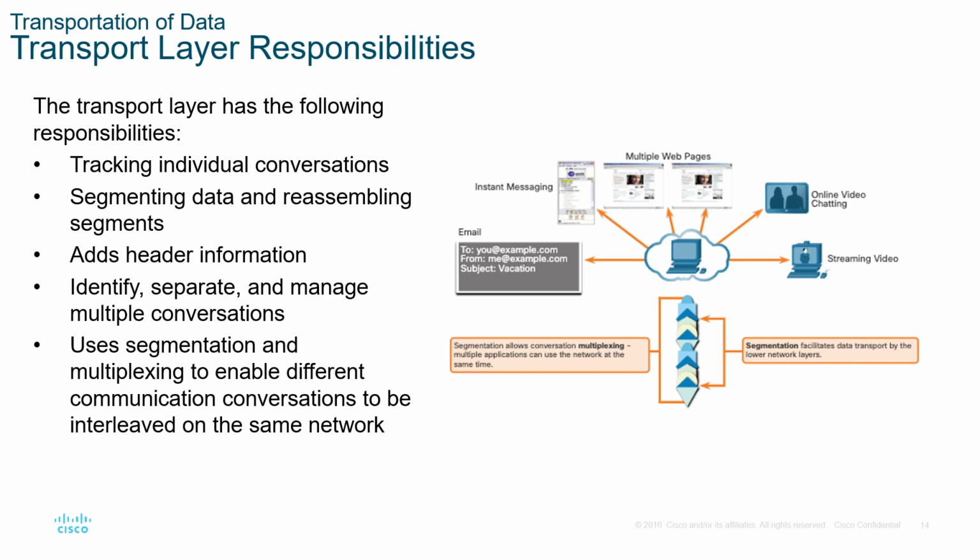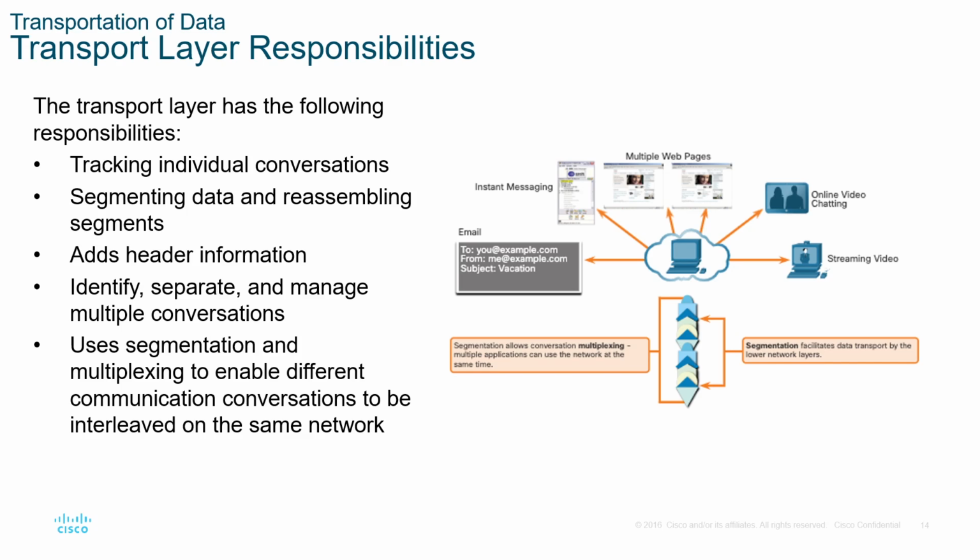TCP has a way for doing segmentation, break the thing apart, put it back together, and also something called multiplexing. Here the pink box on the left says segmentation allows conversation multiplexing. Multiple applications can use the network at the same time. This is the same method that we've used forever to share an internet connection. It's not just you running your applications going out to whatever the application is. There's probably more than one of y'all using Netflix at a moment in time throughout the day.